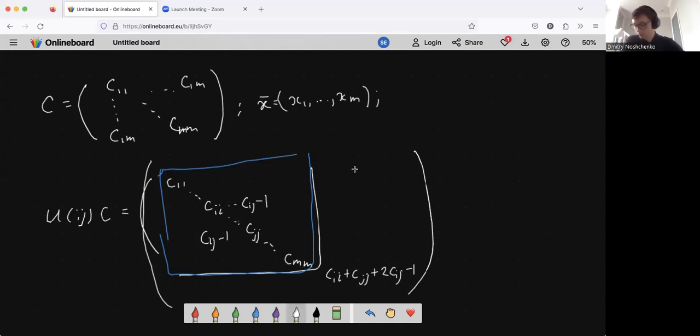And the new nodes here are arranged as follows. We can divide them into groups. One group essentially is the pair that has the indices i and j. So here you have Cii plus Cij minus 1. So the pair which participates in unlinking, Cij plus Cjj minus 1.